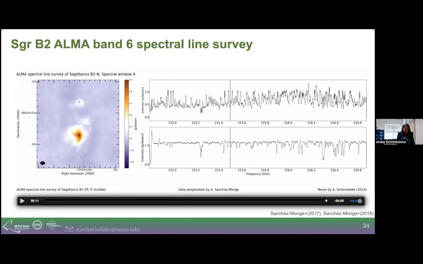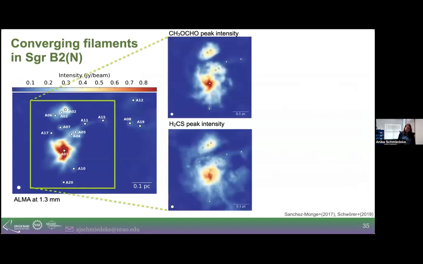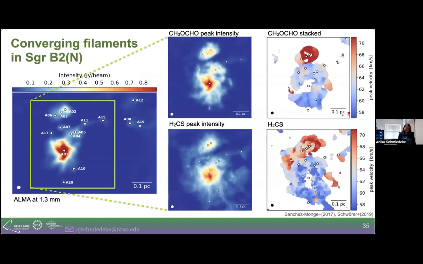So some of my collaborators followed this up. They looked at the continuum, and then they looked at peak intensity maps of different molecules. As an example, at the top we have HC3OCHO, and at the bottom it's H2CS. I hope you can see that this is very feathery around the central sources.